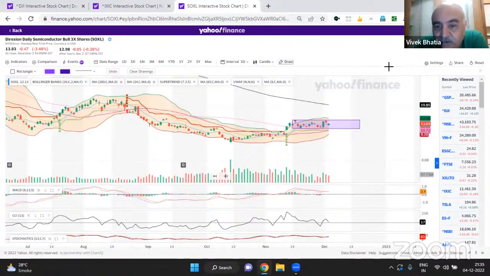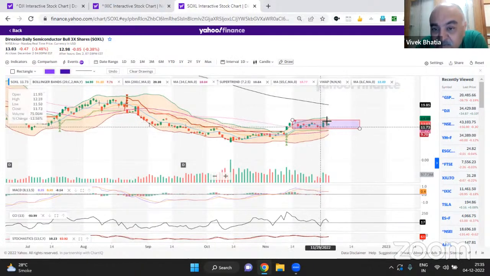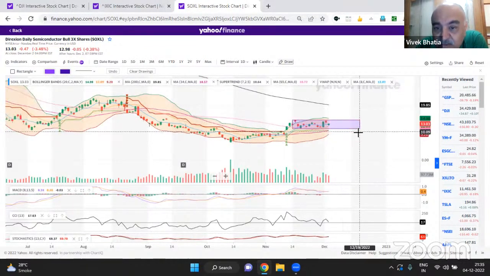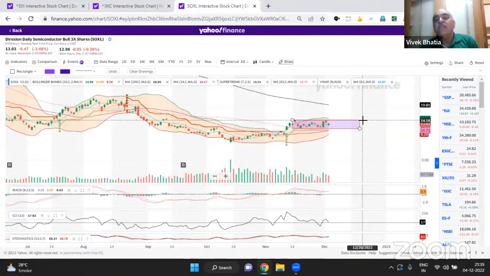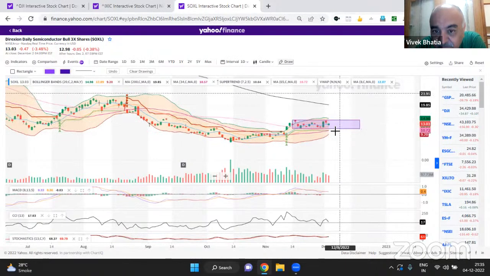You can see the box movement right from 15th of November. So you spent almost 2 weeks here within this box. So ideally, where should you be buying it? You should be buying it somewhere here at about 1150 or 1170, selling it at this height of 14, and wait for a box breakout to happen if you want to take a fresh entry.